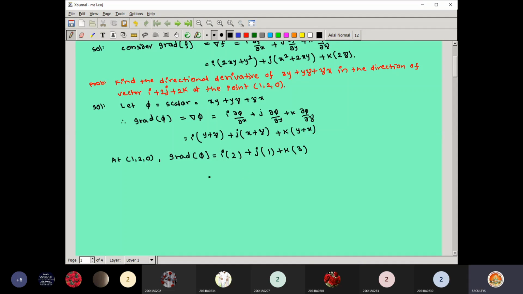So directly you are getting the answer 2i plus j plus 3k. This is nothing but the gradient corresponding to the given scalar function.